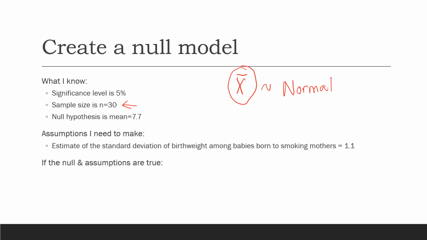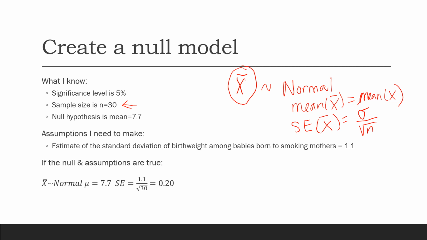The mean of my sampling distribution should be equal to the population mean, and the standard error of x bar should be equal to sigma over the square root of n. So if the null and the assumptions are true, the sample mean x bar has a normal distribution. The mean of that normal distribution will be 7.7 pounds, and the standard error is going to be 0.2 pounds.